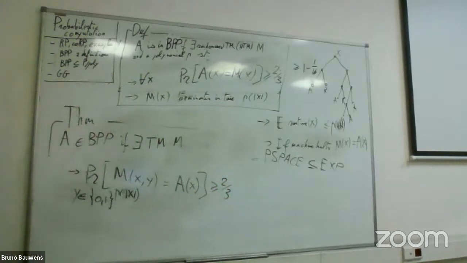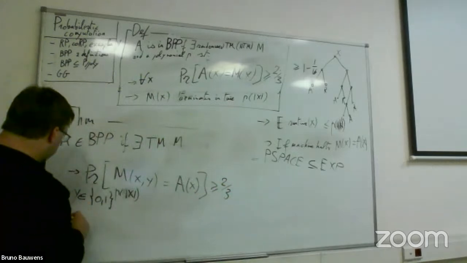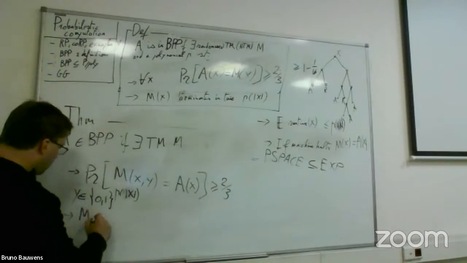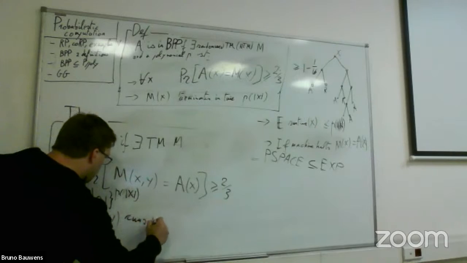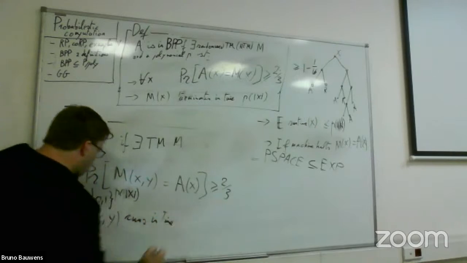This is a summary. And the second condition, M of X, Y runs in polynomial time.